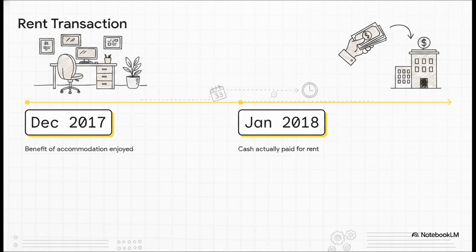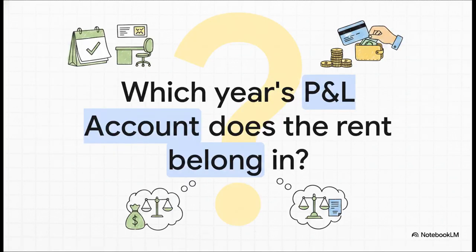But the actual cash payment isn't handed over to the landlord until January of 2018. So here is the ultimate test. Based on the two sets of rules we just discussed, in which year's profit and loss account does that rent expense truly belong? Does it belong in 2017 when you actually used the space, or in 2018 when you finally opened your wallet? Take a quick second to guess the outcome for both systems.